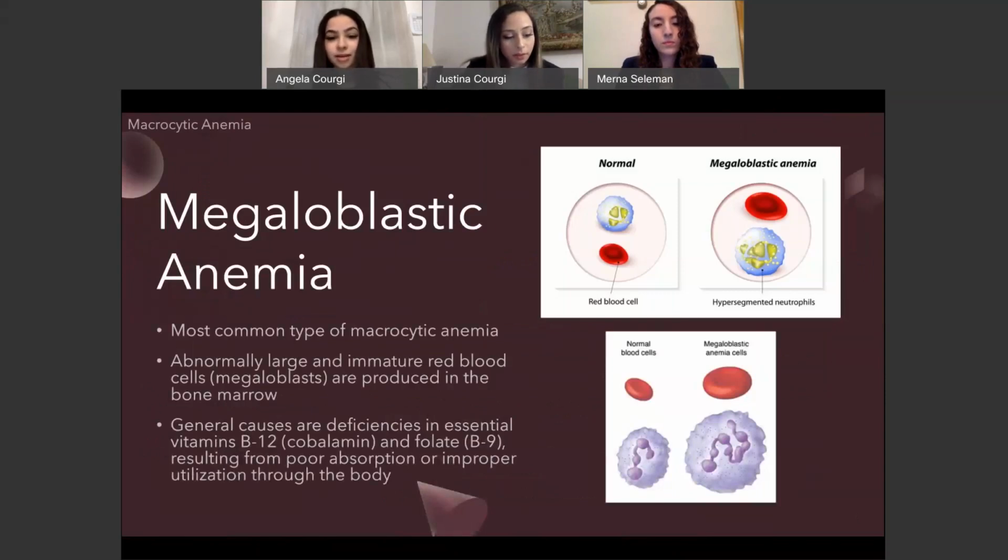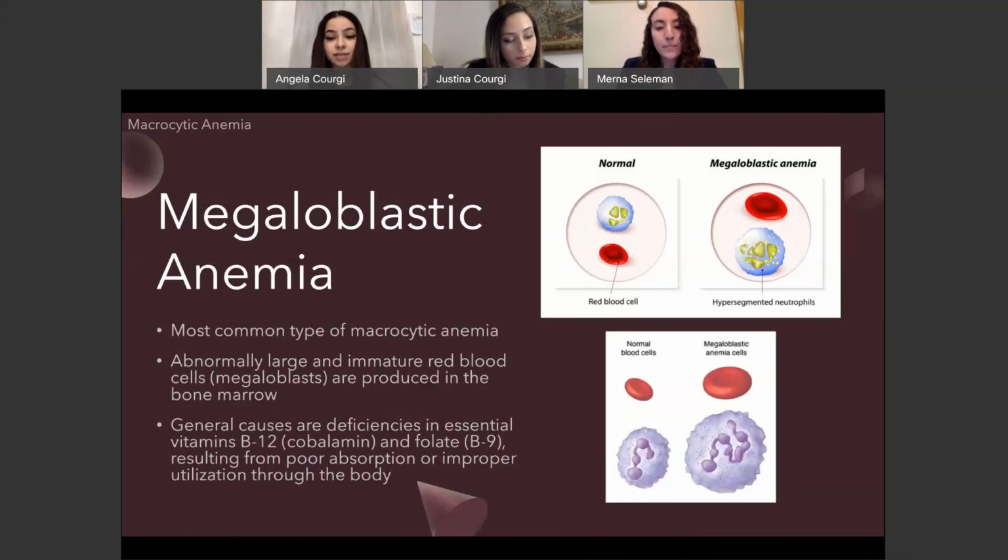All right. Megaloblastic anemia. Megaloblastic anemia is the most common type of macrocytic anemia, in which megaloblasts, or abnormally large and immature red blood cells, are produced in the bone marrow. The most common causes are deficiencies in the essential vitamins B12 and folate, resulting from poor absorption or improper utilization in the body.